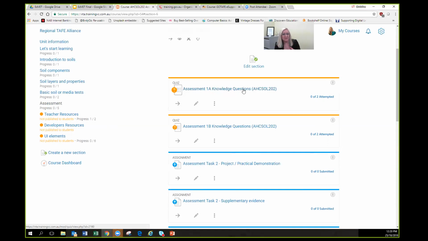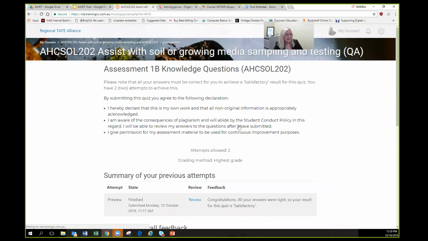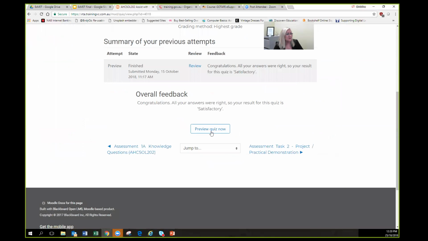For the ones that have to be marked, the teacher knows they've got to go in and give the student a mark. So we try to do it that way if we can. I think both of these may be self-marking; they've just been broken up into two different ones.